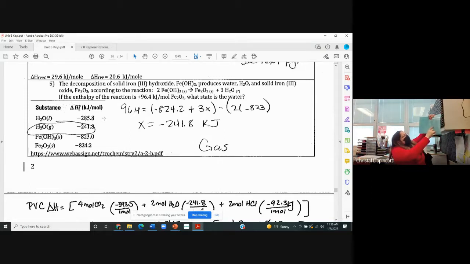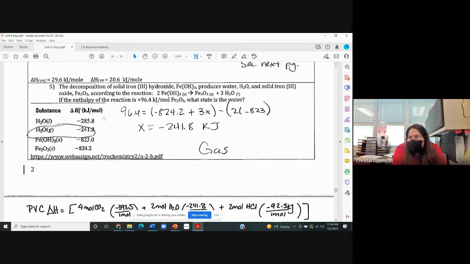So if it's products minus reactants, then that's the one you're going to be using. I forgot they were going to give you those values. So I was like, how are you supposed to determine if it's... Okay.